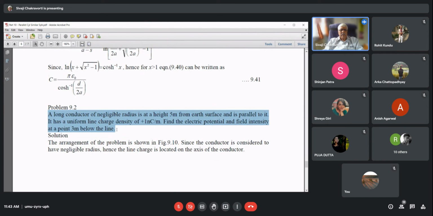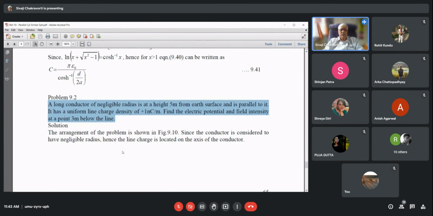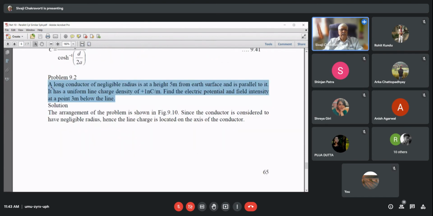So another problem I am giving you, this is a sort of a real life problem. Consider that a long conductor of negligible radius is at a height 5 meters from Earth's surface. By the way, this 5 meter is approximately 16 feet. This 16 feet is approximately the height of the railway line conductors that you can see everywhere.